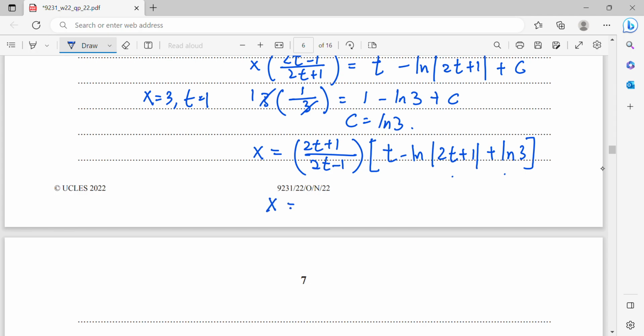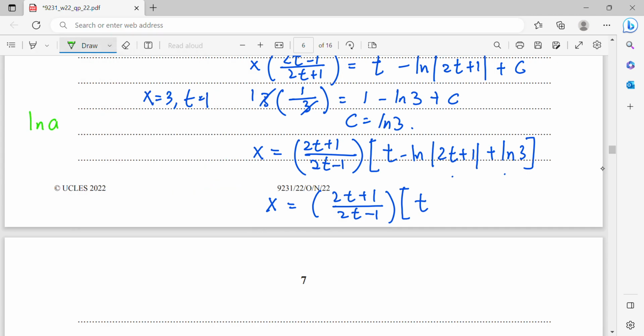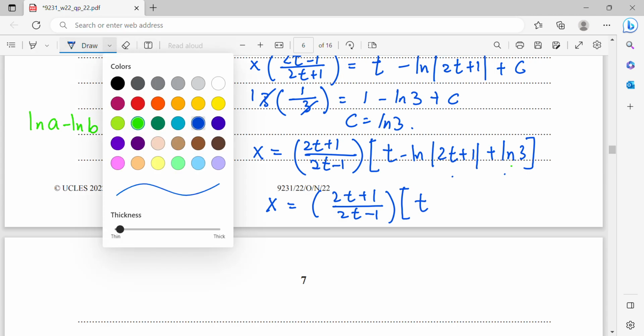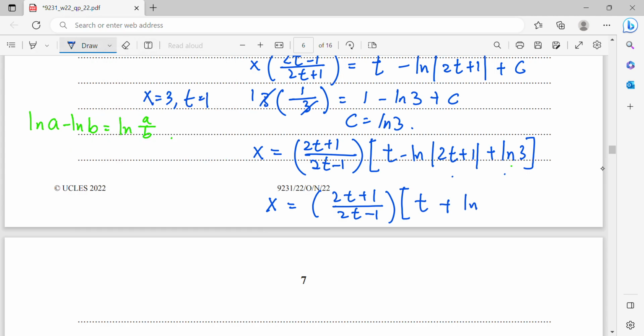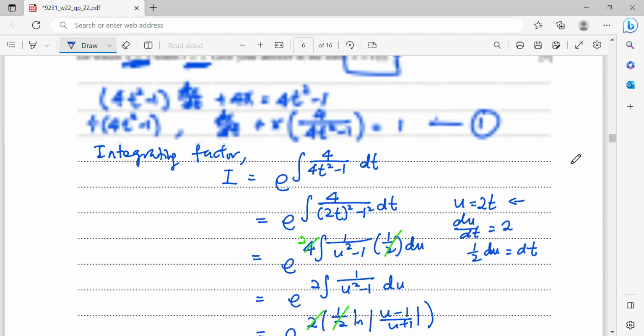So your x will be 2t plus 1 over 2t minus 1 multiplied by t. Now, to simplify the ln, ln a minus ln b is ln a over b. So now this is ln 3 minus ln of 2t plus 1. I can change to division, so it will be plus ln of 3 over 2t plus 1. So this is the solution of question 6.